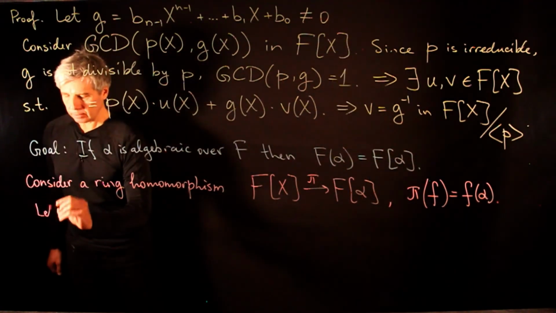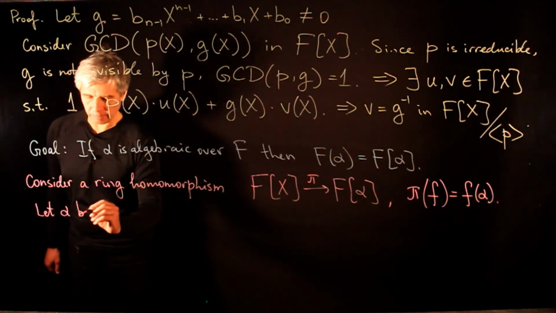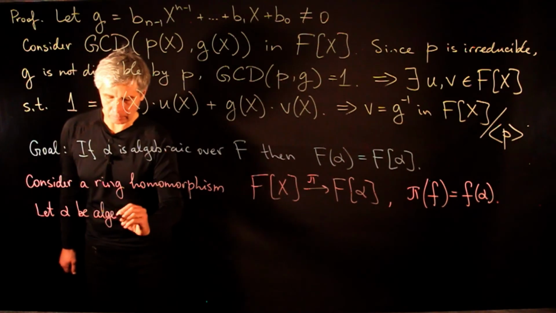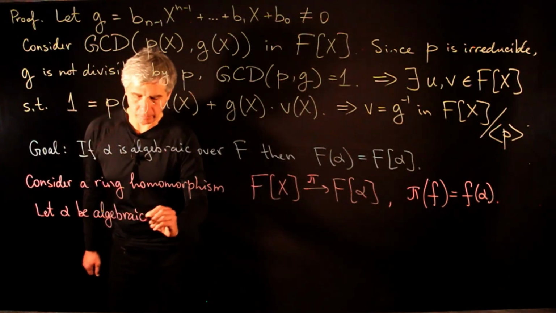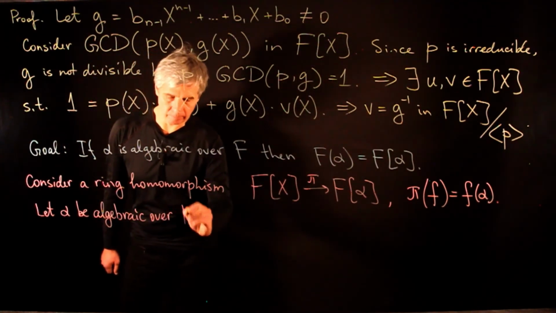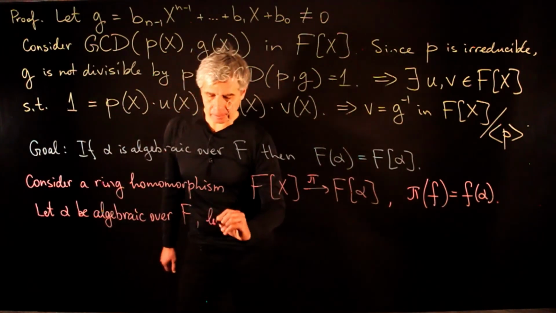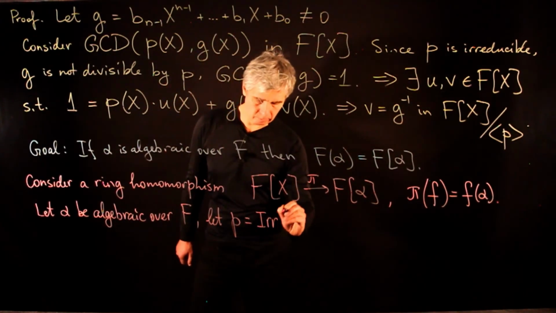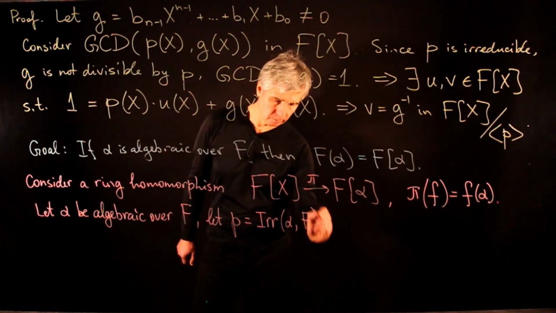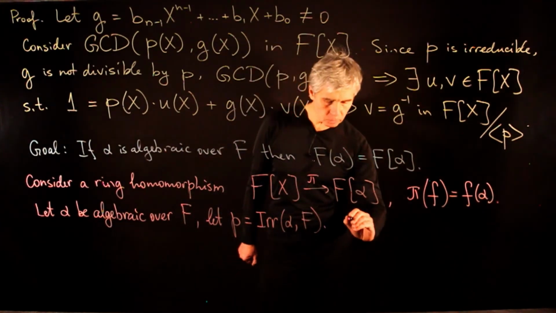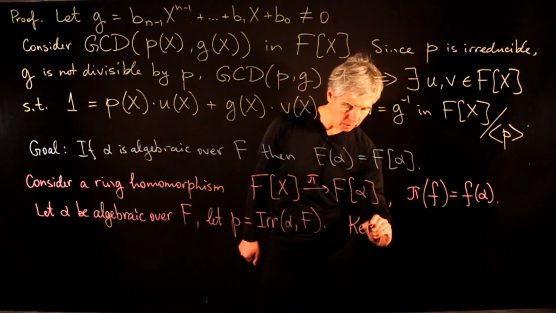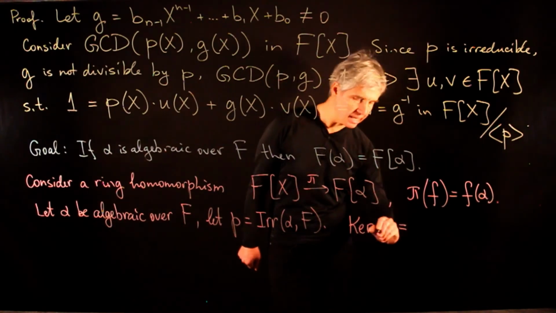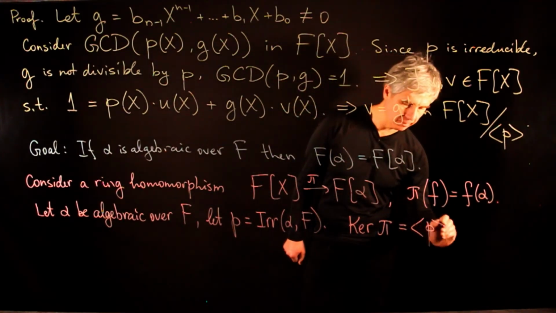Now let alpha be algebraic over F, and let p be its minimal polynomial. Then it's easy to see that the kernel of this homomorphism is precisely the ideal generated by p.